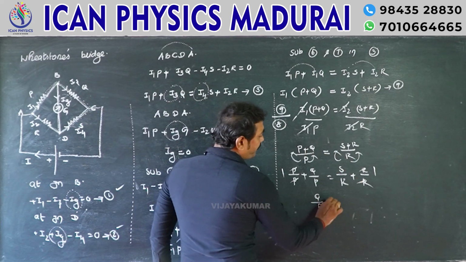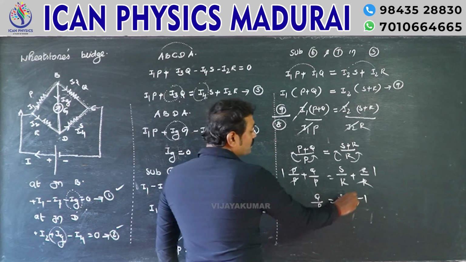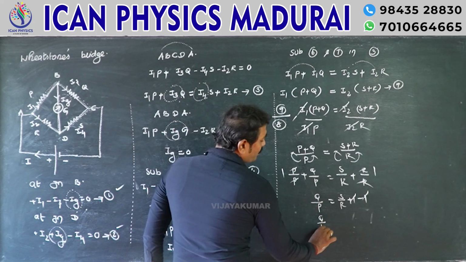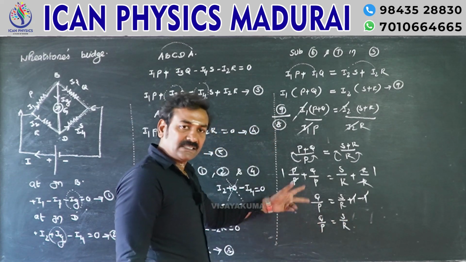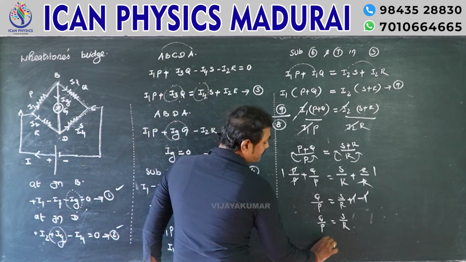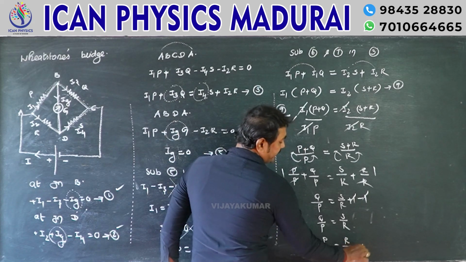So Q by P equal to S by R plus 1 minus 1. The plus 1 minus 1 getting cancelled. So Q by P equal to S by R. Now take the reciprocal of the value. Then it becomes P by Q equal to R by S.